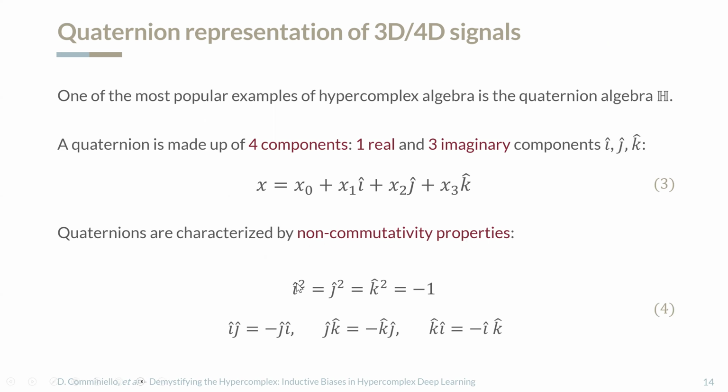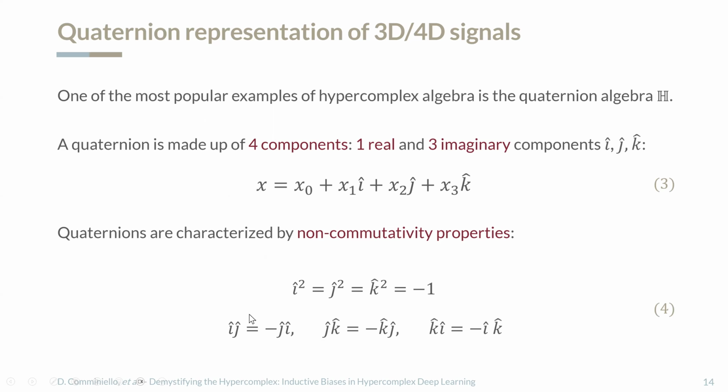So quaternions are characterized by non-commutativity properties. As said before, if we take the square of each axis, the result is -1. But also, if we multiply the axes and swap them, we take the opposite with the minus sign. Okay, so i times j is equal to -j times i, and so on.